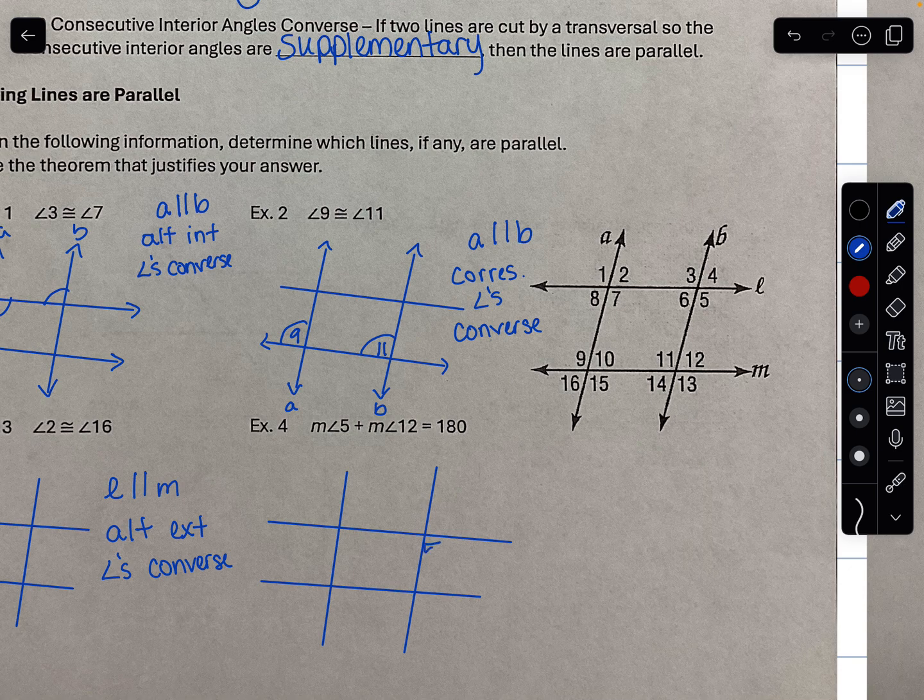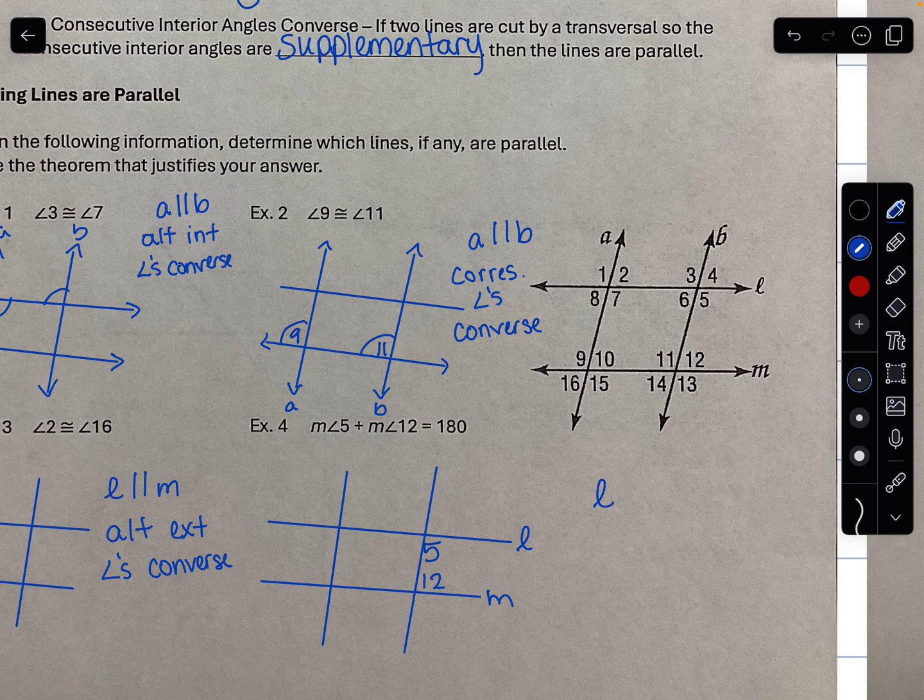So again, we're talking about angle 5 and angle 12. So can I say that angle 5 is supplementary with angle 12? Yes, right? By consecutive interior. So let me ask this. Am I talking about lines A and B or L and M? Just L and M right here.